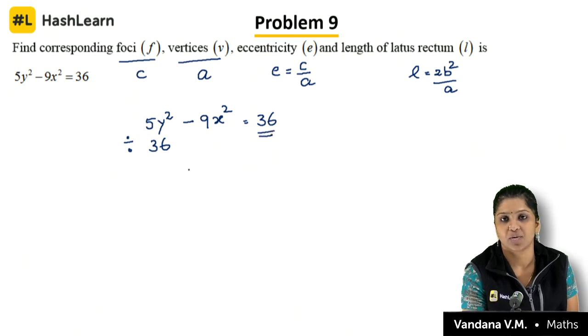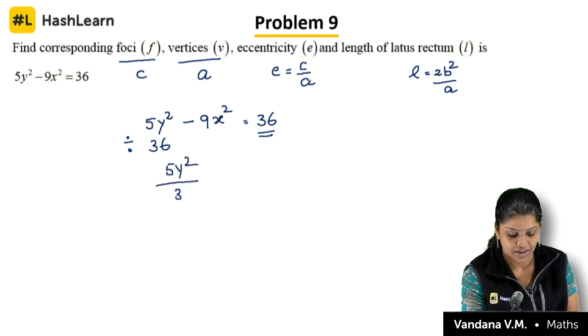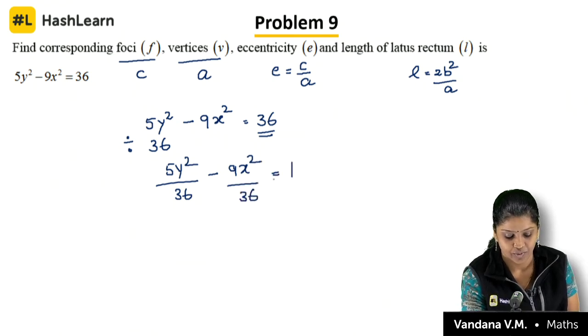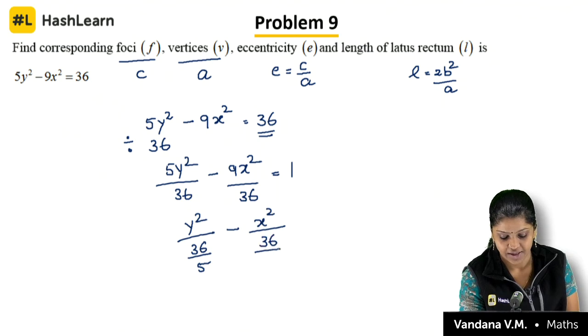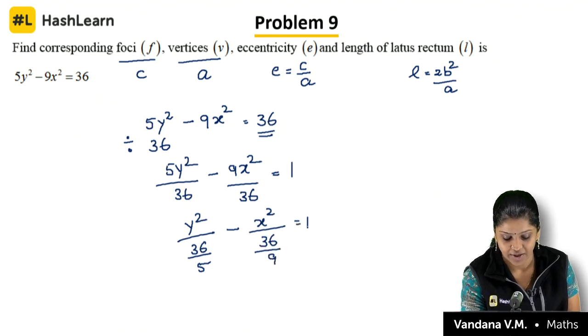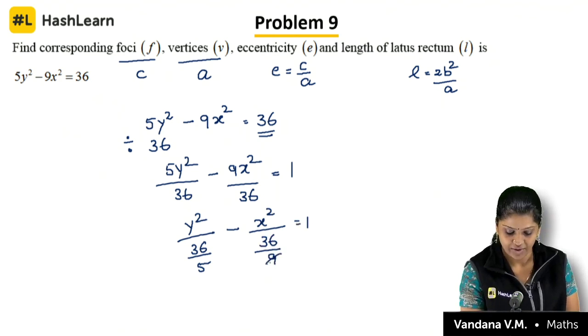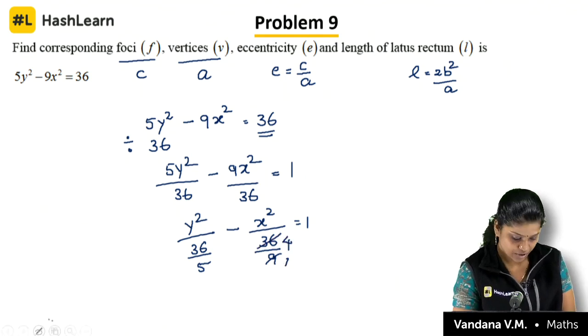If I want 1 here, I have to divide it by 36. 5y square by 36 minus 9x square by 36 is equal to 1. So, y square by 36 by 5 minus x square by 36 by 9 is equal to 1. So, 9 4s are 36.